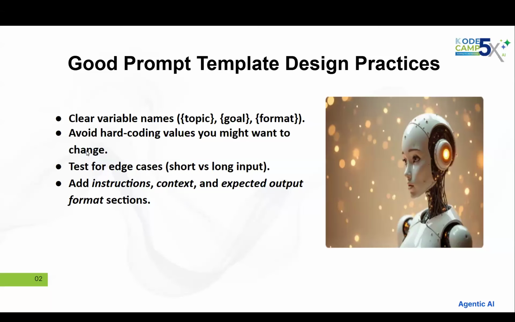It should be clear what you are asking the model to do. Context, of course, we talked about characteristics of a good prompt. You should clearly provide those things in your template. Of course, like we also mentioned when talking about characteristics of a good prompt, you should specify your output format.